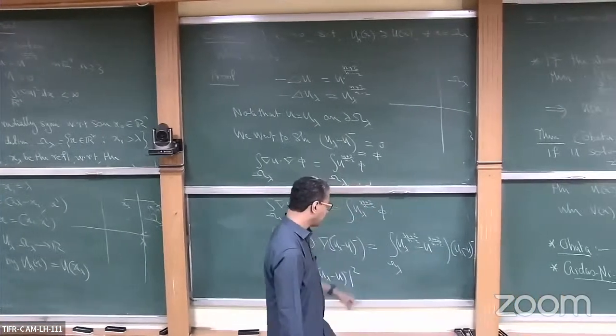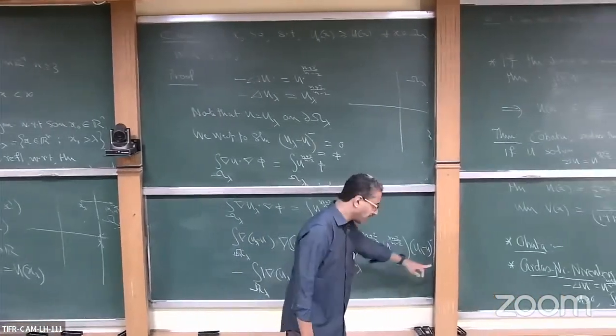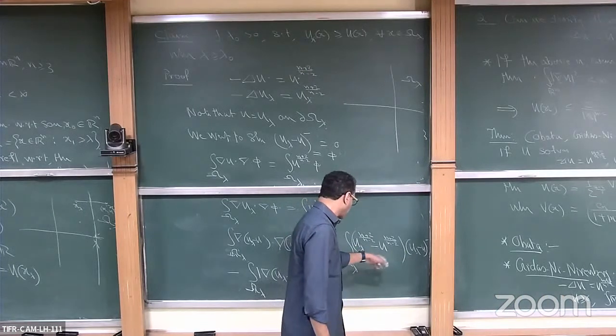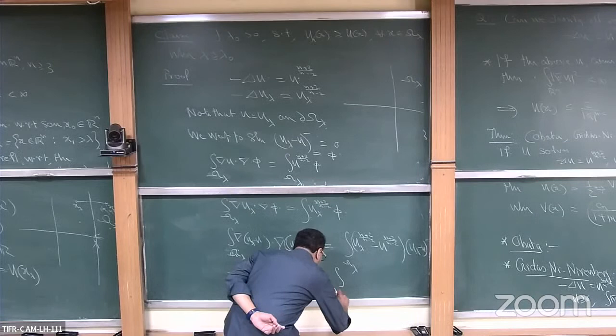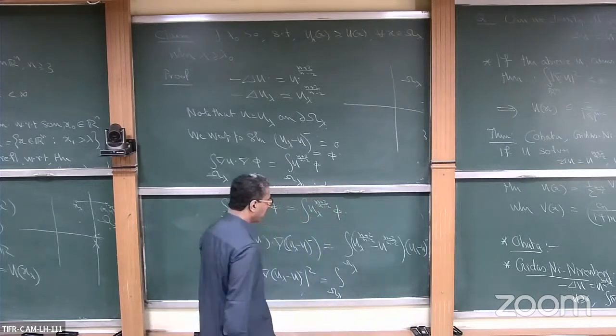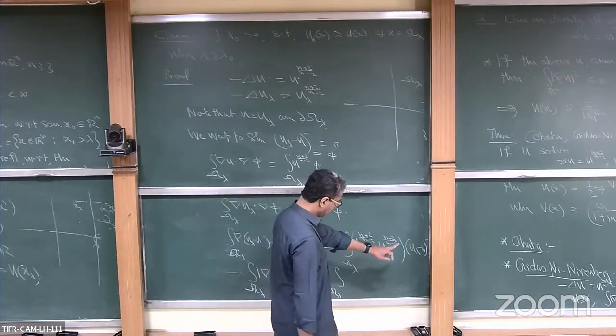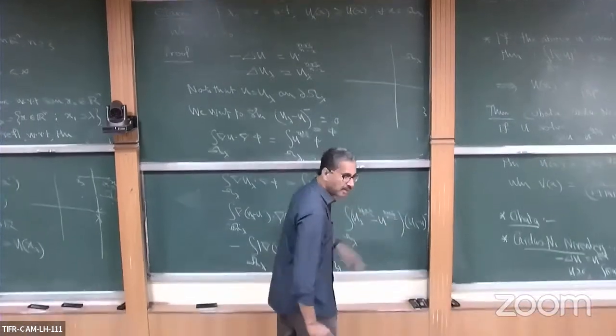And then here again there's a minus. Whenever this is positive, it vanishes. So on the right hand side, I have to integrate on omega lambda, and I only have to consider where u is bigger than u lambda.